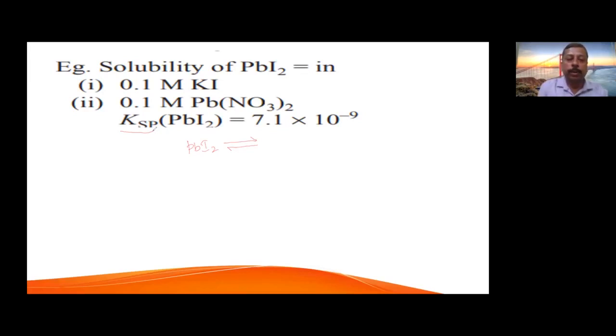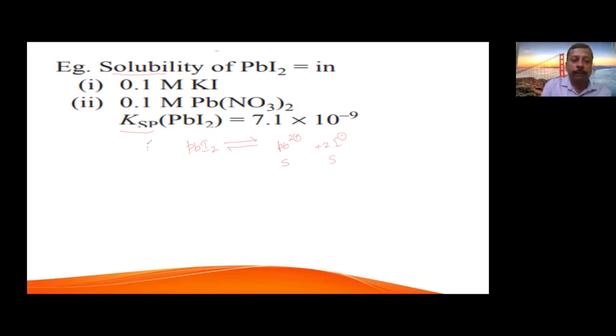So PbI2 will give Pb2+ plus 2I minus. We have to find out the solubility, so I am writing it S and 2S.